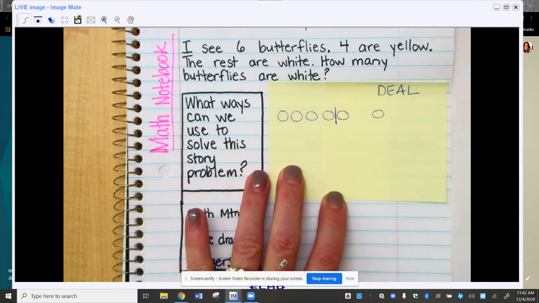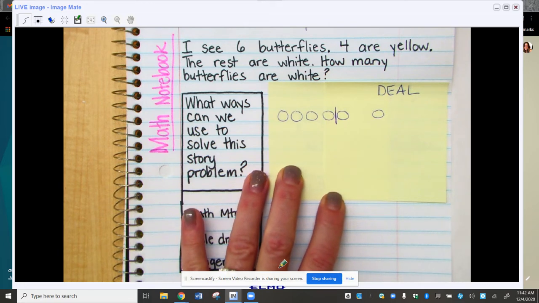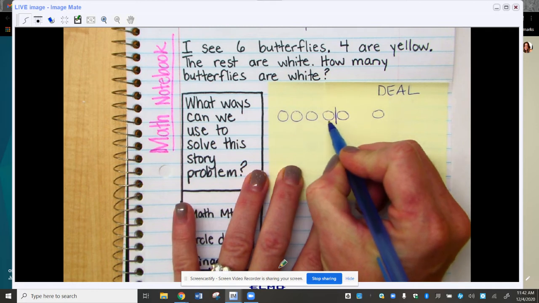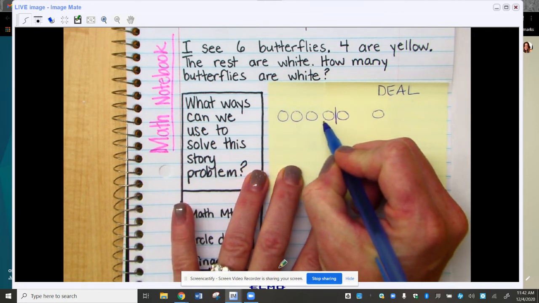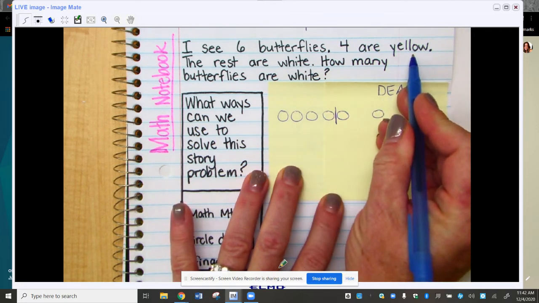One important addition that your teacher is going to want you to show is labeling. Since these are all talking about butterflies, we want to label them, and these were identified by their color. So I'm going to put under these 4 circles here that represent the butterflies, those are representing the yellow butterflies.